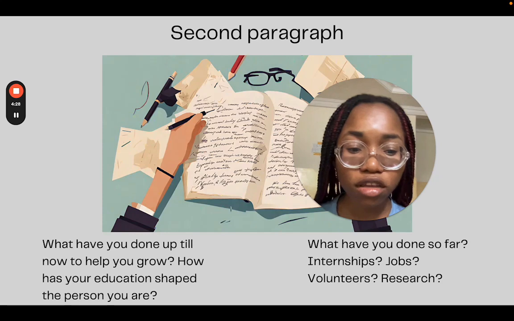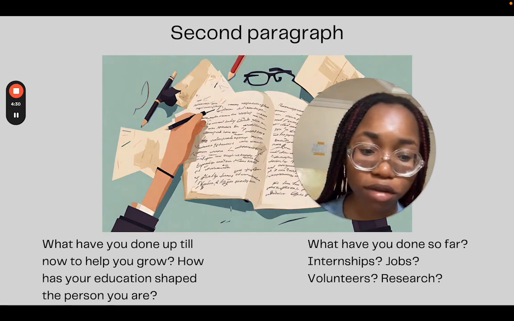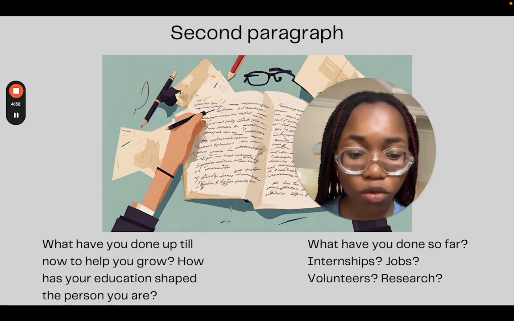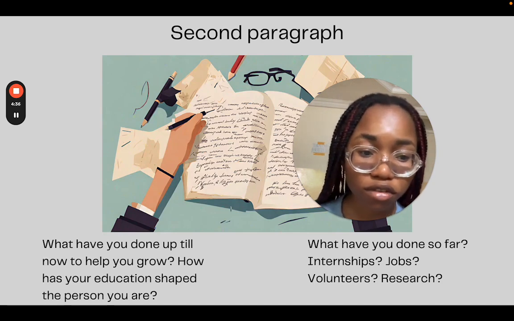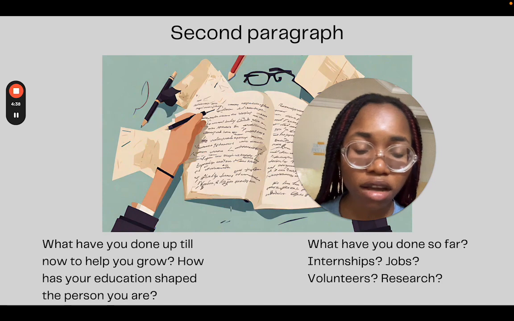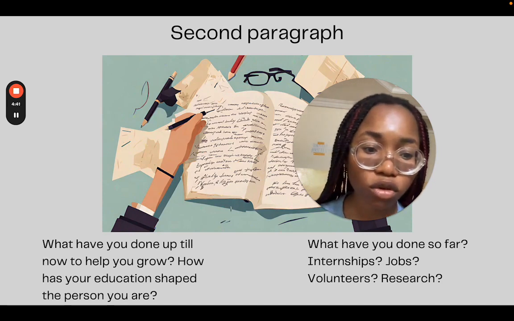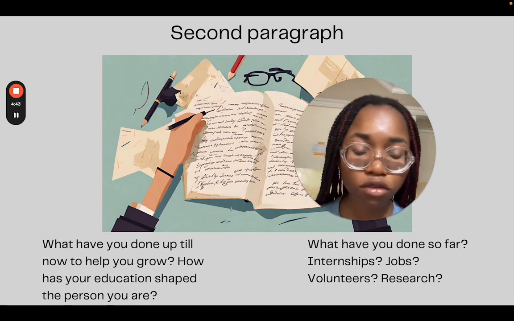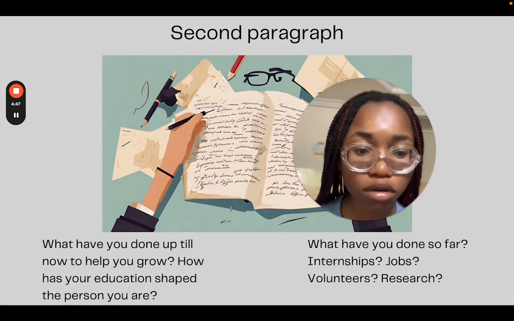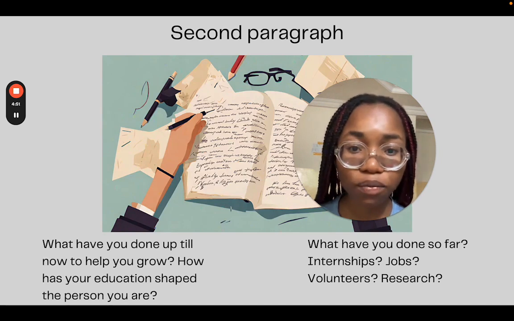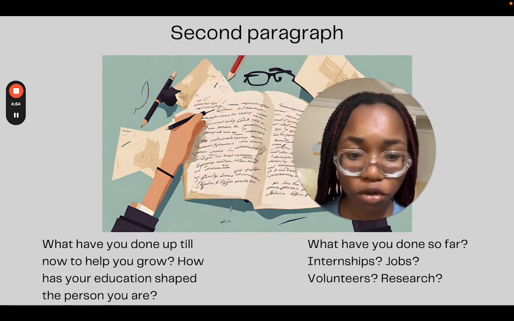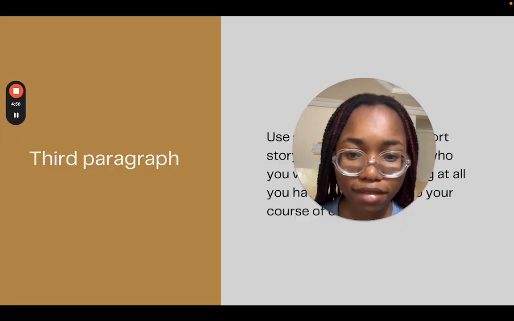You can just say you did an internship there, or if you worked there, you say you did work there and what you've learned in the work. If you did volunteering, you can say, oh, I volunteered in a community and we taught them this and that. If you've done research, you can talk about the research you've written and whether it has been published or not. So here you're really going to sell yourself.